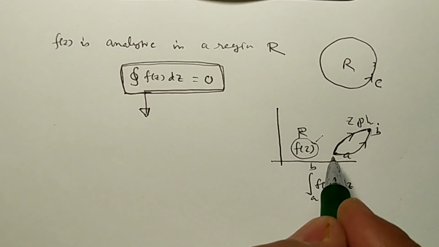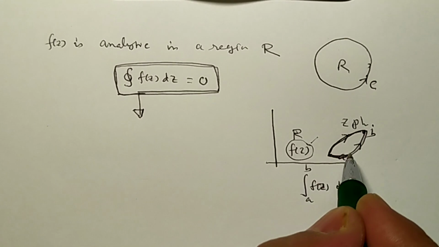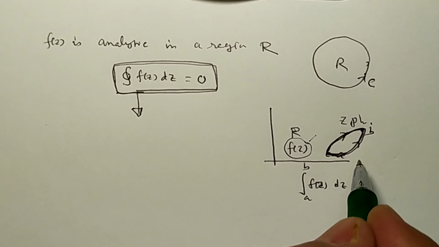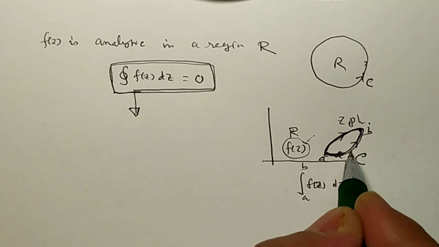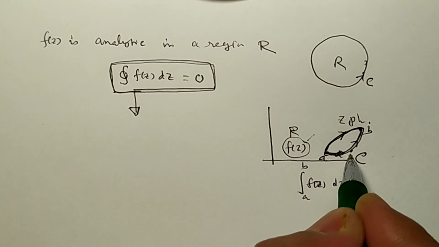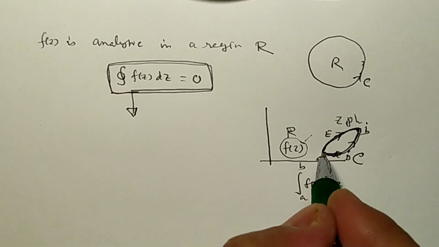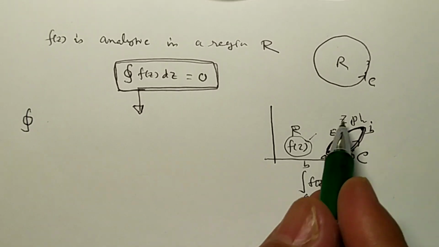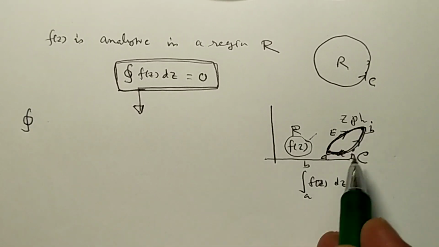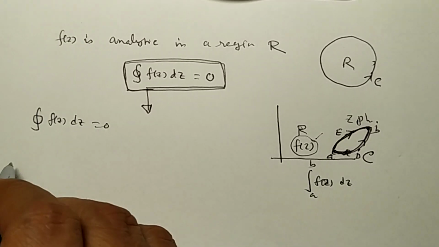Let's say again from A to B, I just take a closed contour C. From point A, this is say D, then B, and this is say point E, and then come back to A. Then according to Cauchy's theorem, over this contour the function is analytic, and therefore the integral of f of z dz should be equal to 0.